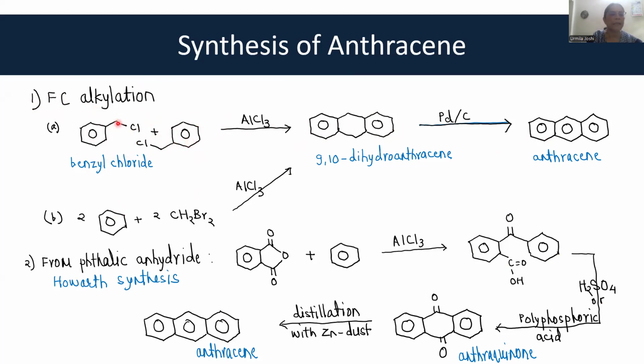What Friedel-Crafts alkylation does is it attaches the aliphatic carbon to the aromatic carbon, right? So Cl is removed with AlCl3 and the aliphatic carbon is attached to the aromatic carbon.